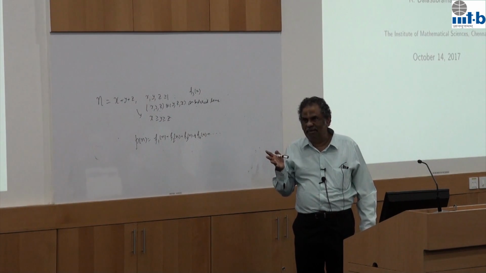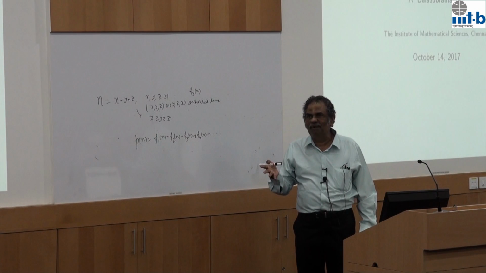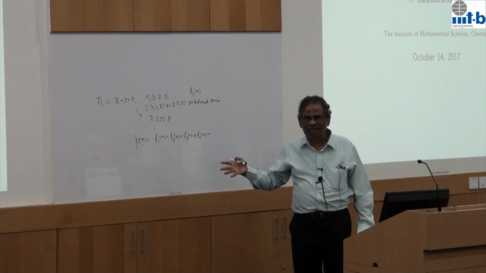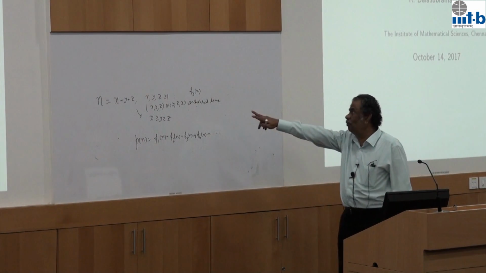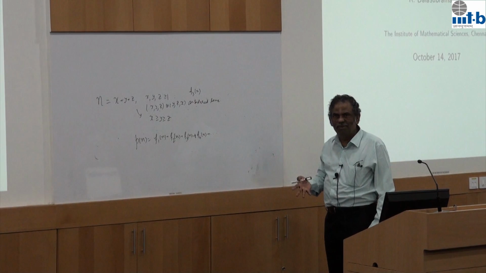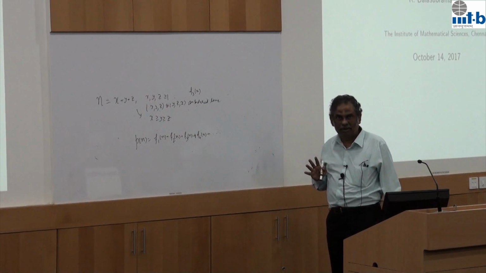If n equals 15, for example, there is no f16 of n. There is no way n equal to 15 can be written as a sum of 16 elements, all of them greater than or equal to 1. Therefore, f16, f17, everything will vanish. Okay, therefore, it will be a finite sum. But on the other hand, if I don't put that condition, of course, there will still be an f16 of n. 15 can be written as a sum of 16 elements, some of them being 0. Therefore, the 0 I cannot allow.